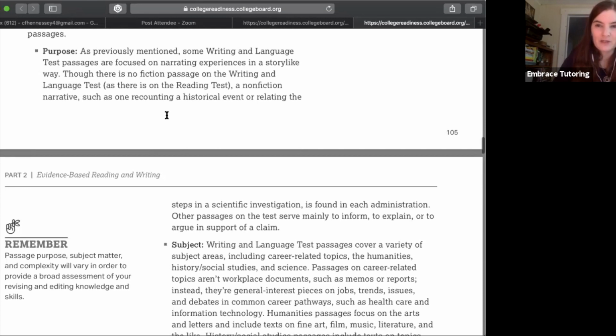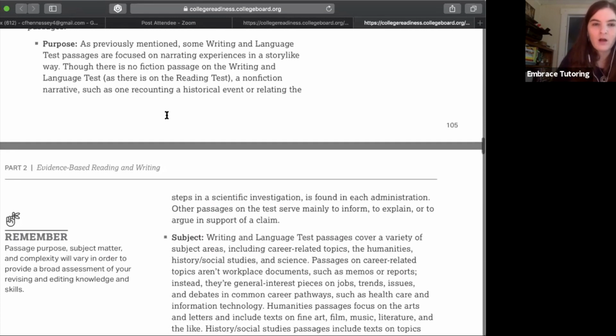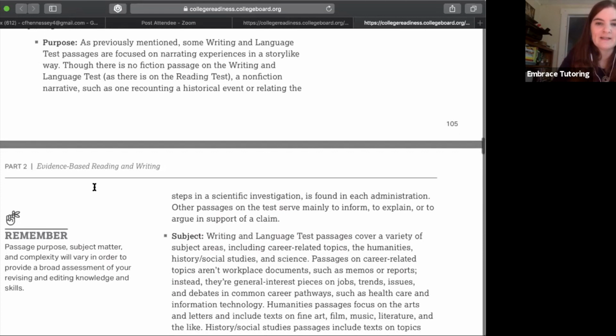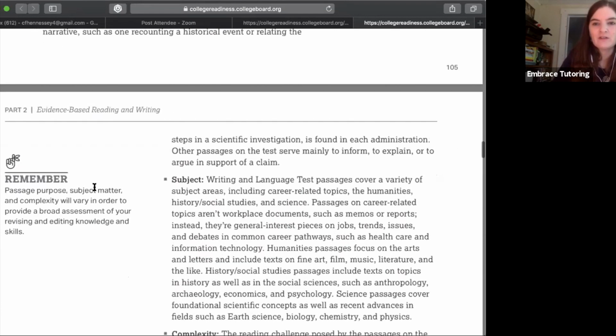So that means the information is going to be factual. So it's going to be dealing with recounting a historical event or relating steps in a scientific investigation. So you're dealing with explanatory or argumentative or persuasive types of writing, as well as informative and informational.